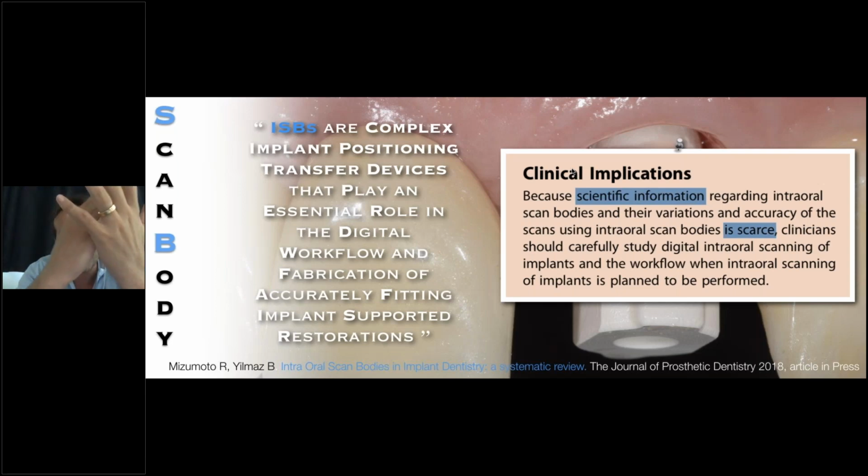So working with implant companies that understood the importance of the technologies and understood the importance of developing appropriate and accurate instruments for digital impression is really the way to do it. Because if not, you're going to end up with many different mistakes.